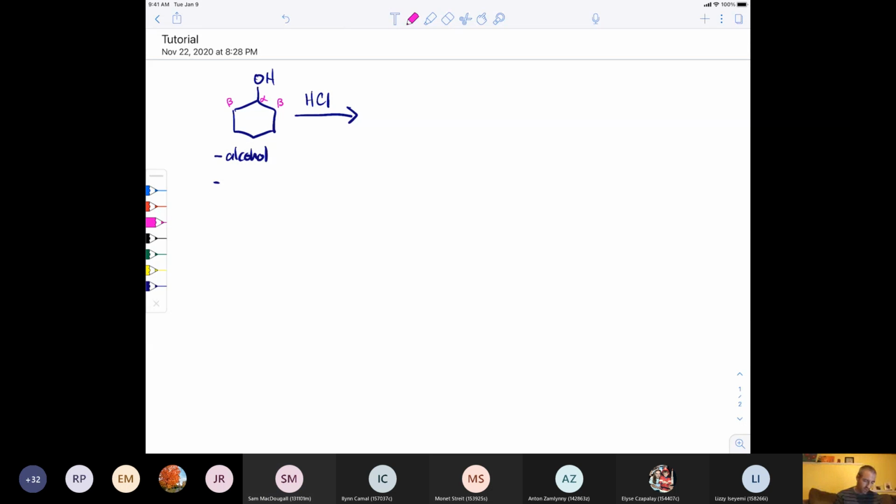So in this case, we have 2 betas, so this is going to be a secondary alcohol. If you look at the conditions and what kind of alcohol it is, that's how you can figure out what the reaction mechanism is going to be. So the choices are methyl, primary, secondary, tertiary.